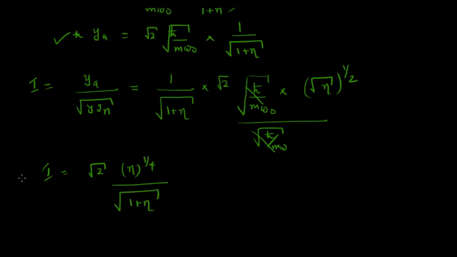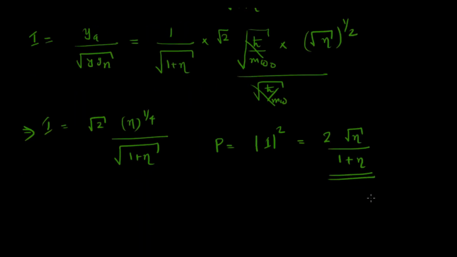So we have found the overlap integral. Now we can find the probability, which is P, the modulus square of the overlap integral, that is 2 square root of eta divided by 1 plus eta, right? Or you can rewrite this in a different way, in such a way that it's there in the options.